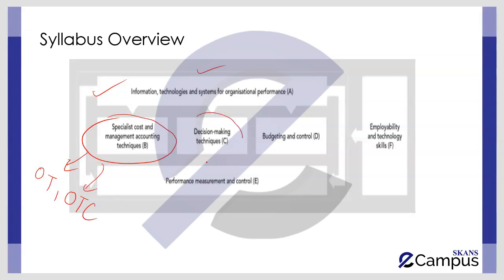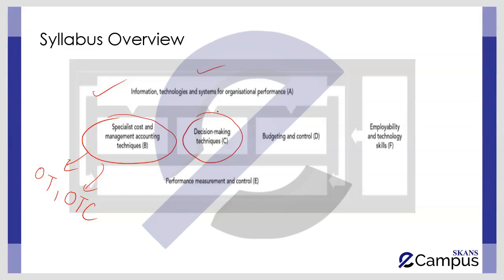The third area is decision-making techniques. It is a long area of the syllabus, including relevant costing, short-term decision-making, limiting factor analysis, CVP analysis of single and multi-product, risk and uncertainty, and a couple of other topics like pricing, etc. But the base of all the decision-making techniques is relevant costing.